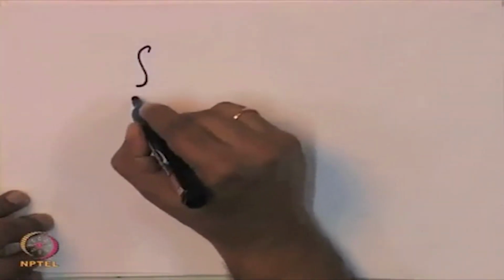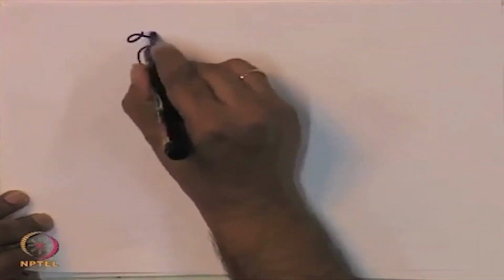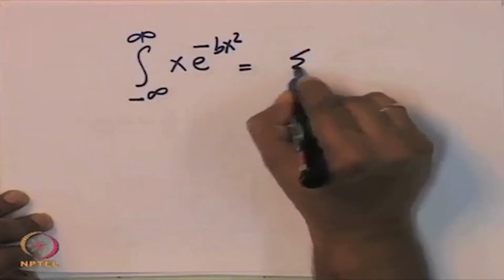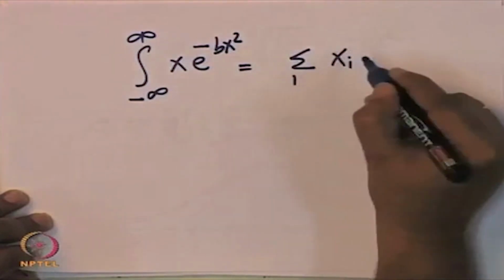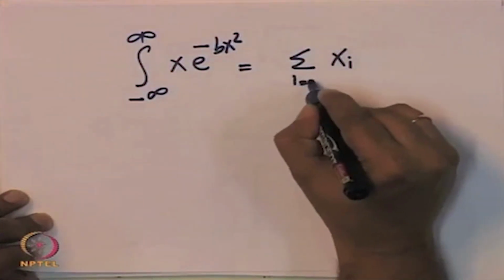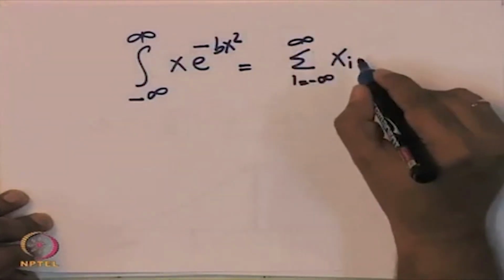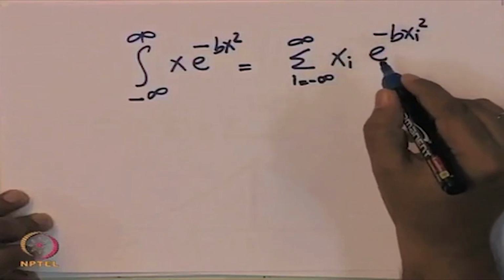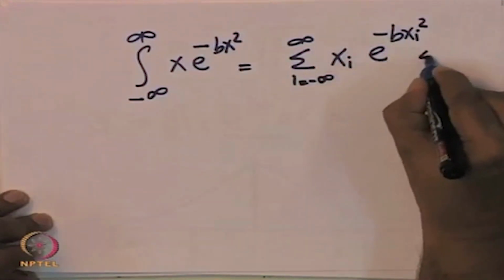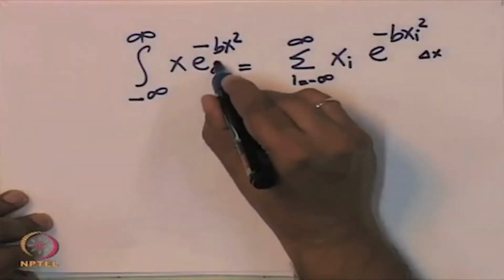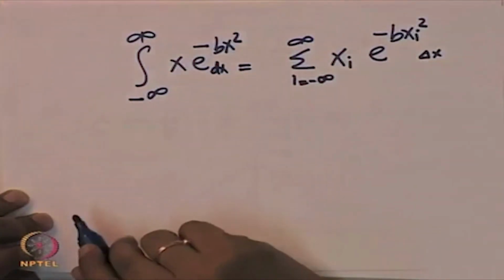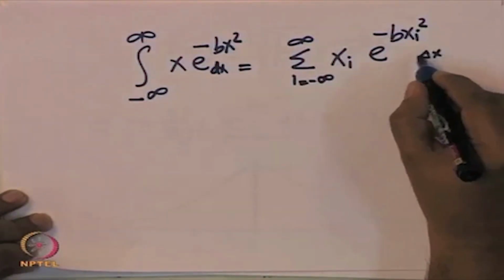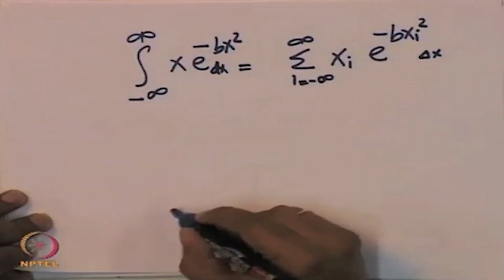The integral from minus infinity to infinity of x e power minus b x square can be written as a sum over i of x_i e power minus b x_i square delta x. So this is dx if you wish.